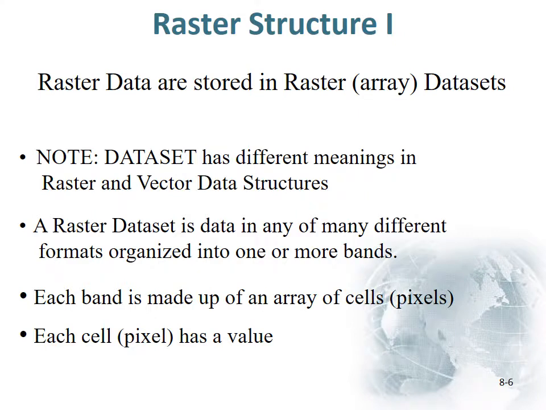So something to keep in mind here about the differences between rasters and vector data is that data set can have different meanings. When you're looking at a raster data set in particular, it can mean something else.